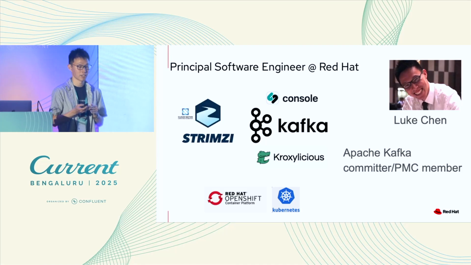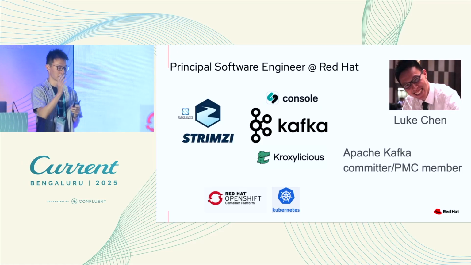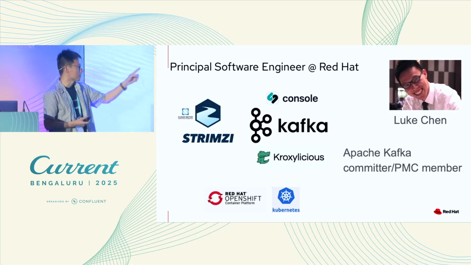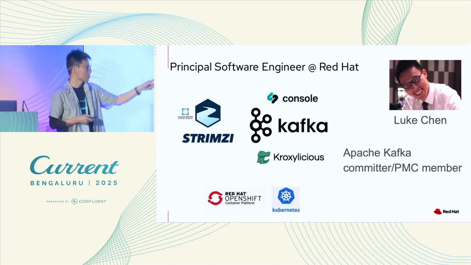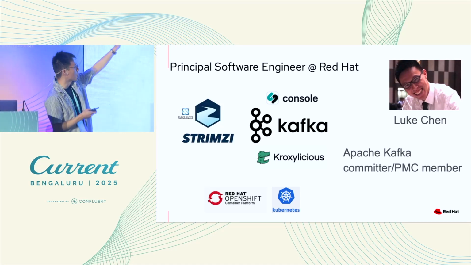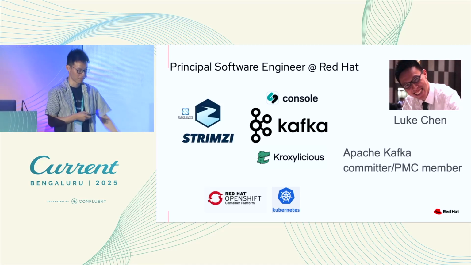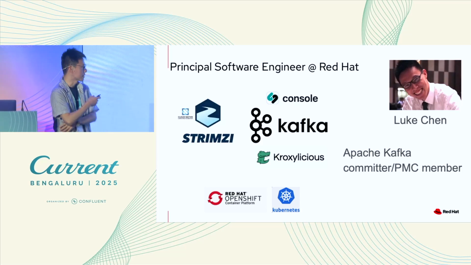For example, encryption at rest, to protect you from sending data to a broker, receiving data from a broker, and storing data in a broker, they are all encrypted and made possible by using Kroxylicious. Oh, by the way, they are all open source for sure because we are coming from Red Hat.